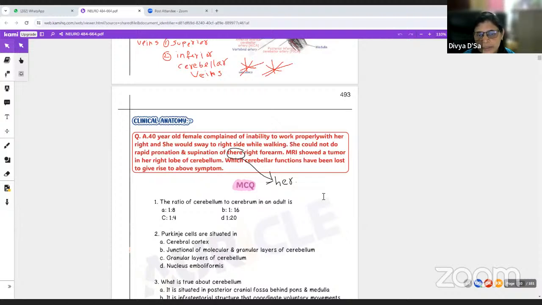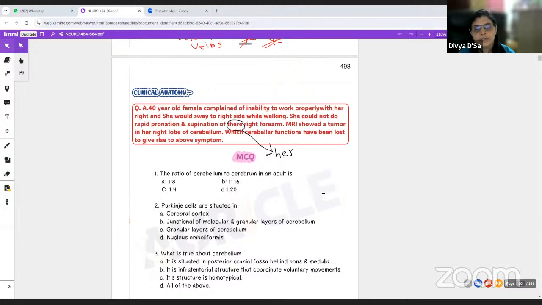Which cerebellar functions have been lost to give rise to the above symptoms? A case history like this will be asked. She is not able to rapidly pronate and supinate, and she is swaying, so balance is lost, as well as coordination.